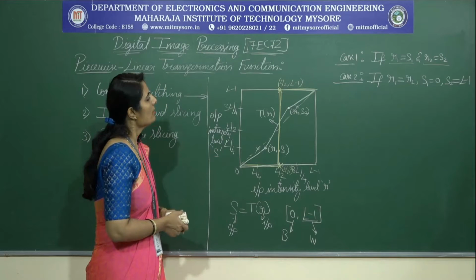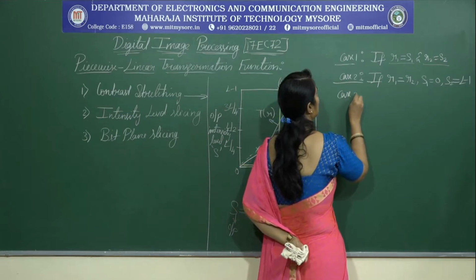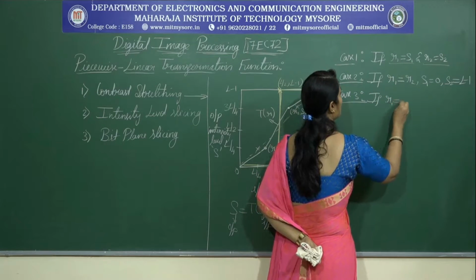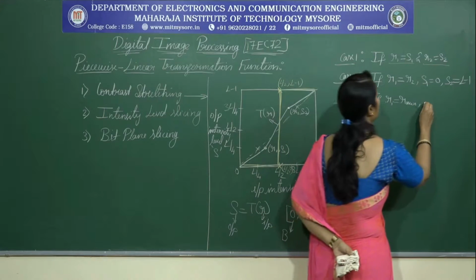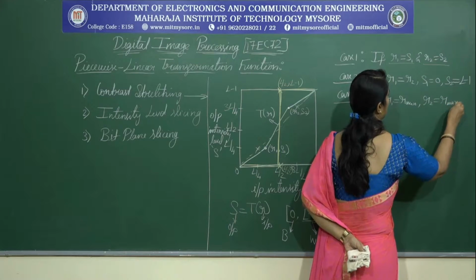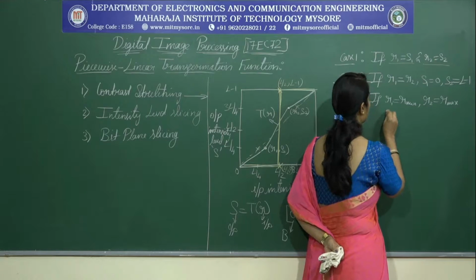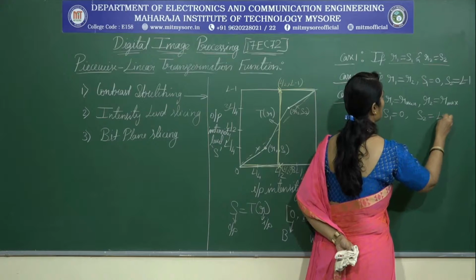Now in case 3, I choose r1 with some minimum intensity value and r2 with some maximum value of the input intensity level, and s1 is equal to 0 and s2 is equal to L minus 1.